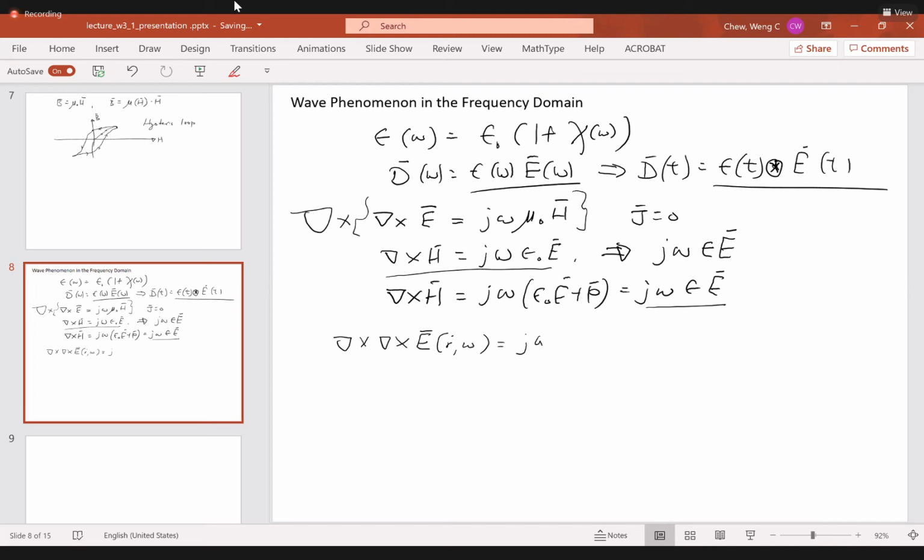And then I would have curl of H in the frequency domain. Most of the time, we don't bother to write this nitty-gritty detail down. Then I can take the second equation, Ampere's law, and replace that with that. Then the equation becomes minus omega squared mu naught epsilon, this is the effective epsilon now, E.